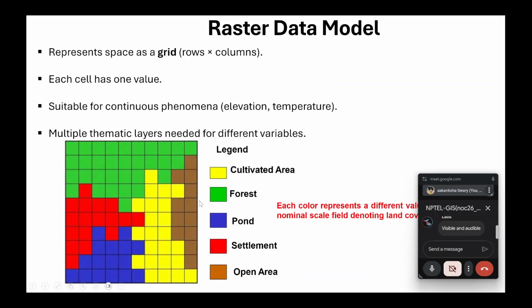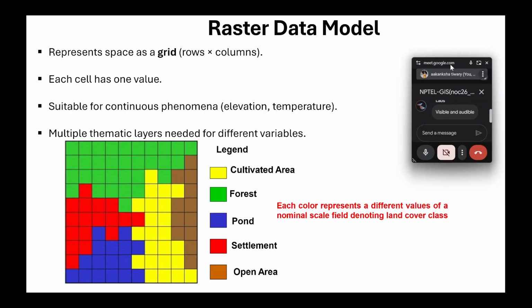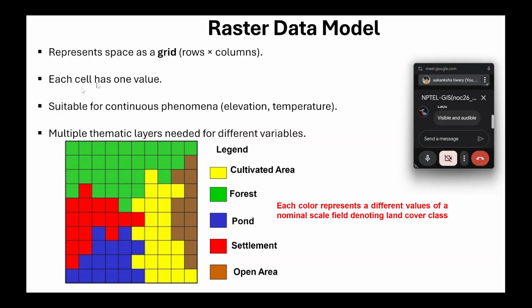Now we also have studied the raster data model in detail in the last session. The raster data model is suitable for continuous phenomena like elevation and temperature, and if you want to show discrete features you should use the vector data model.